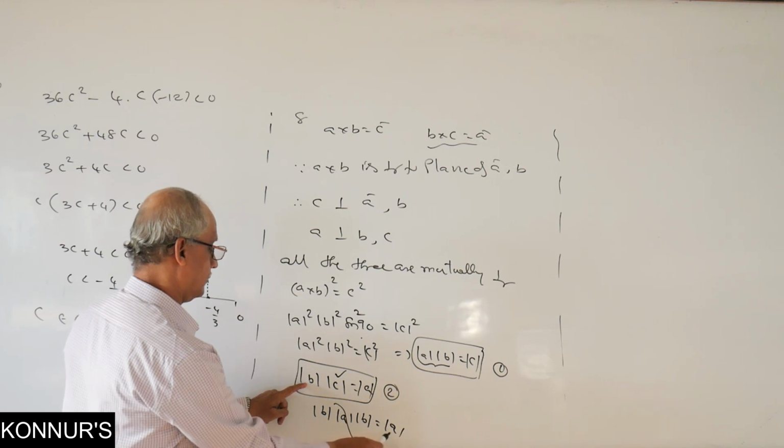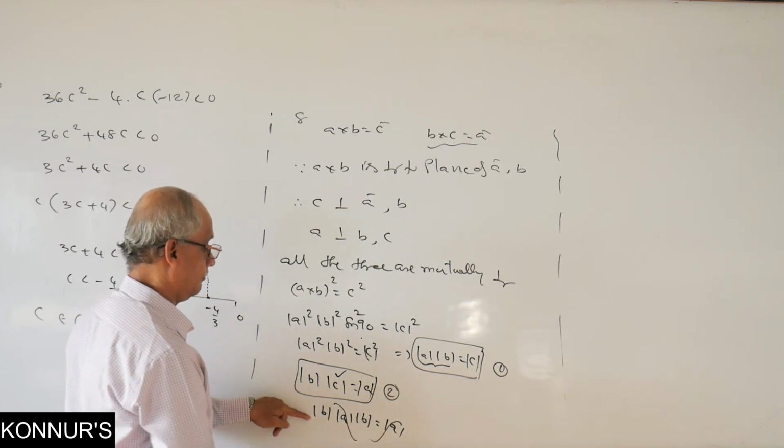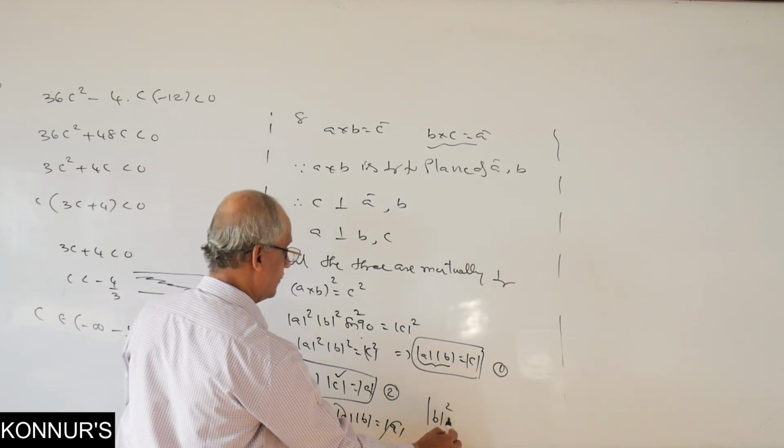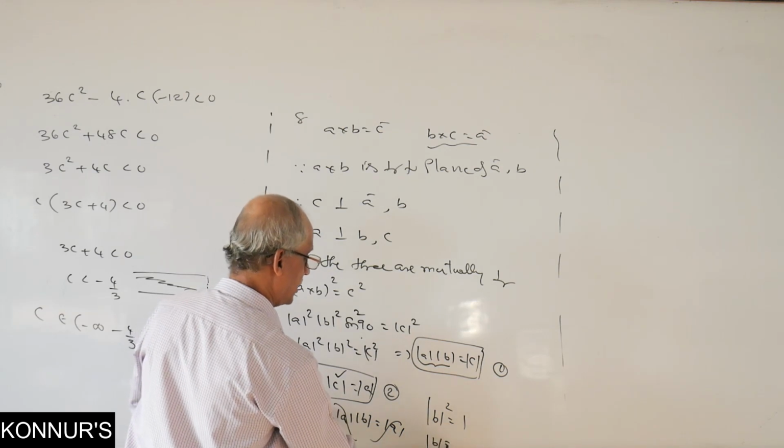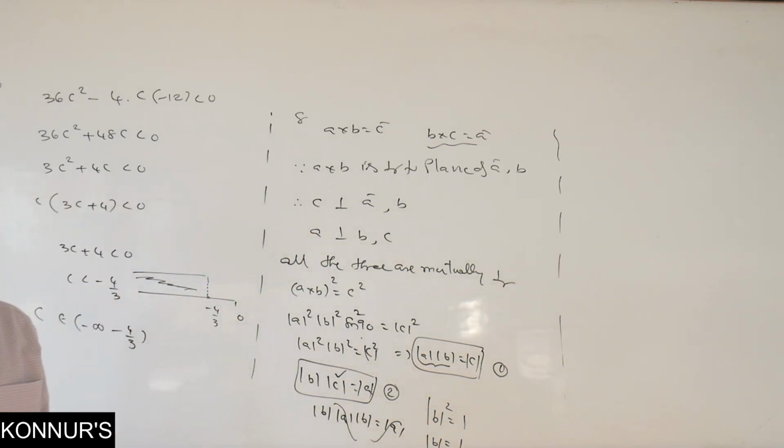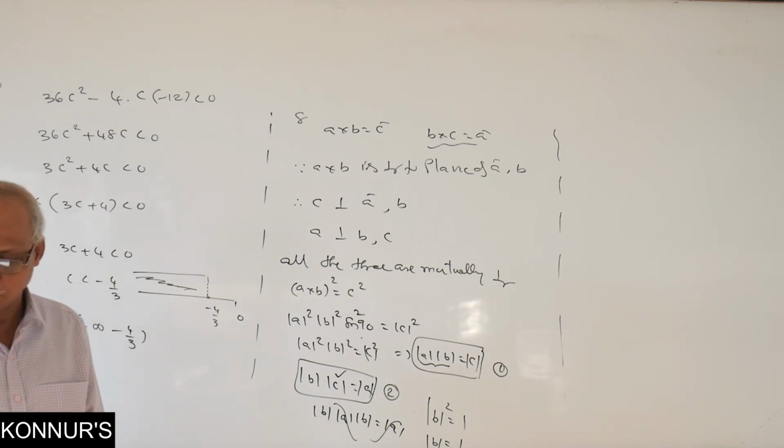A cancels. Magnitude B square is 1. Then the magnitude is plus or minus 1. Answers are positive only, 1. If they give minus 1 also, it is correct.